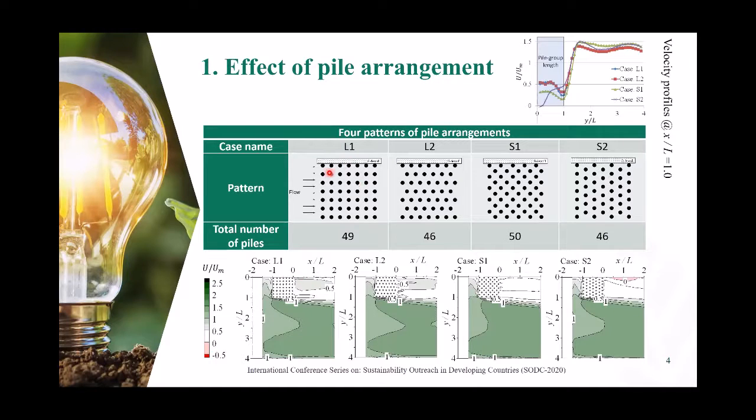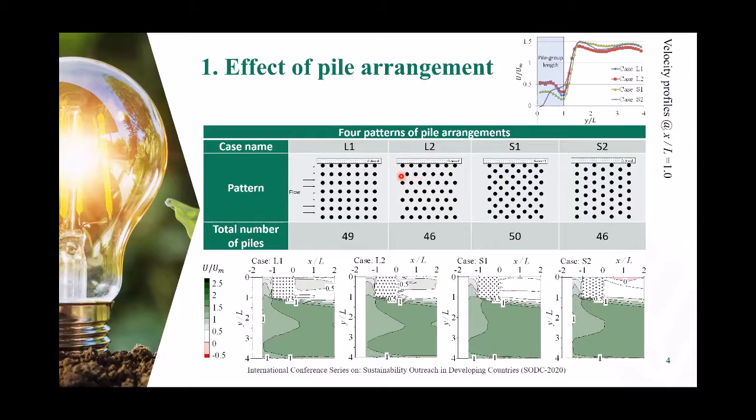The first type, which is L1, is a traditional type of piling. We can see each pile is placed directly behind the next pile. In the L2 type, we changed the next row, we moved horizontally to the center of the next 2 piles. And the S2 type is the opposite of L2 type.